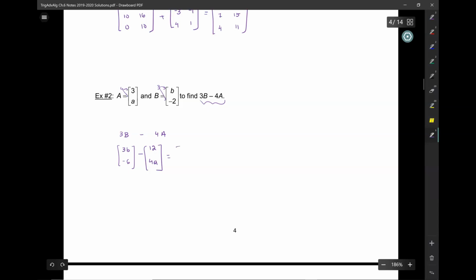The result now is 3B minus 12, negative 6 minus 4A. And there you have it.